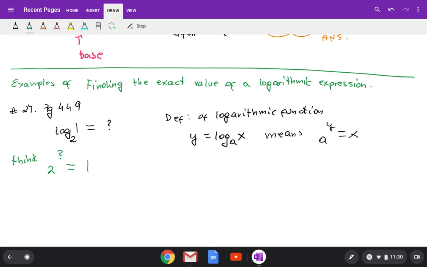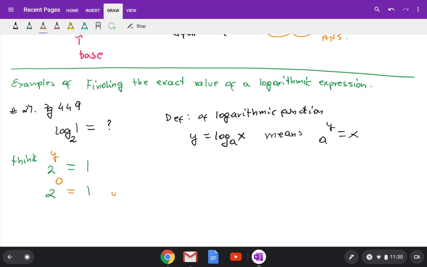That only works when 2 is brought to the power of 0. That will give me 1. So our answer will be 0. And let's just replace that question mark with y, so that would be better. 2 to what power will give you 1? So y has to be 0.